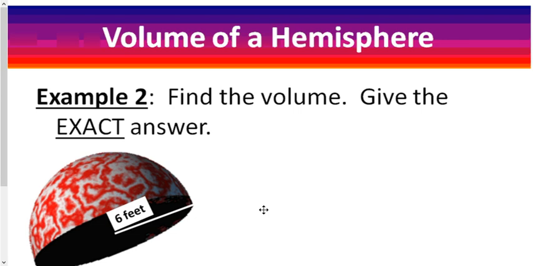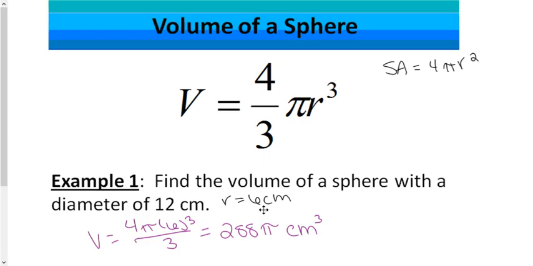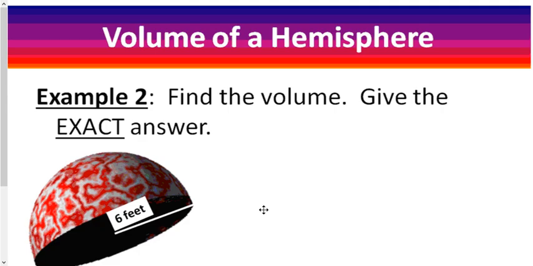So next one, here we have a hemisphere. Same diameter, but a hemisphere is half the sphere. So if you remember, it's got the same radius as the one we just did, so the radius is 6. We know the volume of a whole sphere, so I'll write that down, was 288 pi centimeters cubed.